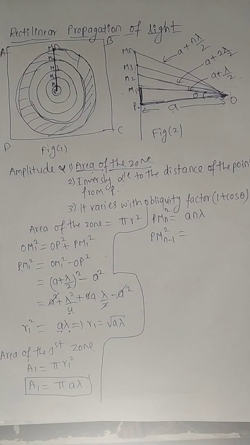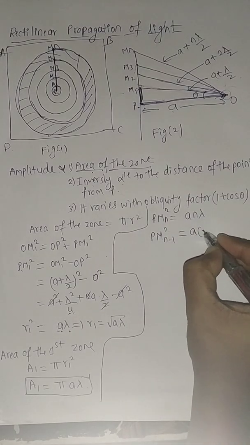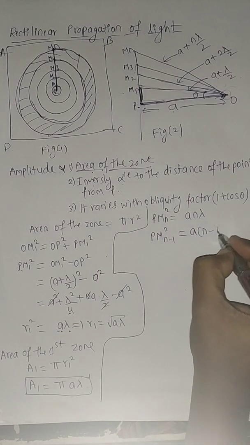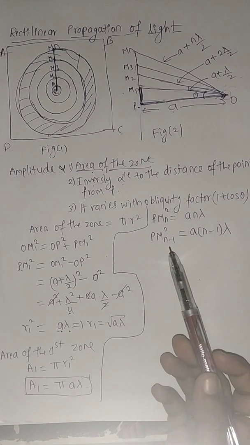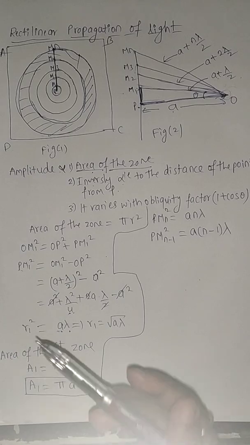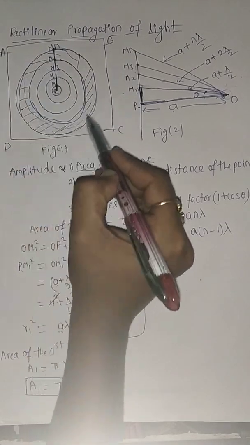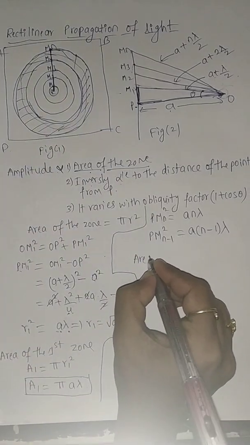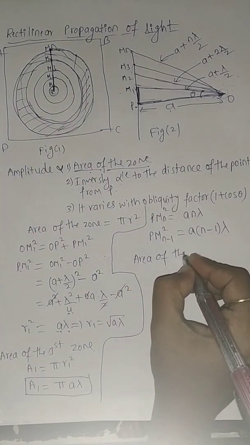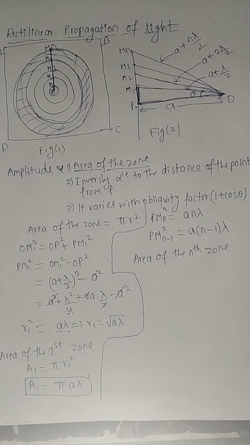In the same manner we can calculate PM(n minus 1) whole square. That equation would be a into the bracket (n minus 1) lambda, isn't it? Now, the area of the nth zone, only this part is needed. So I'll write here, we are going to calculate the area of the nth zone.